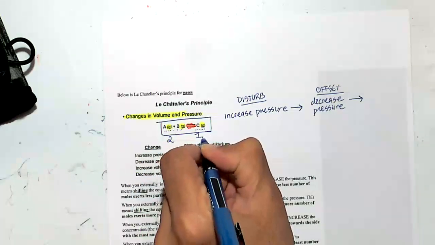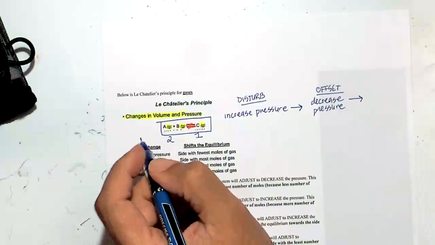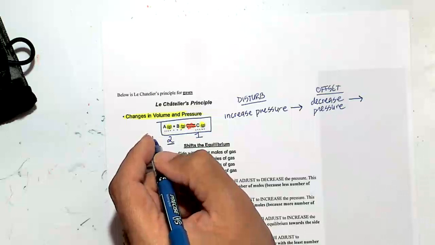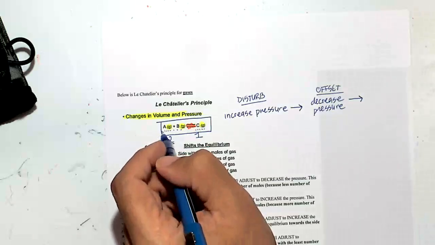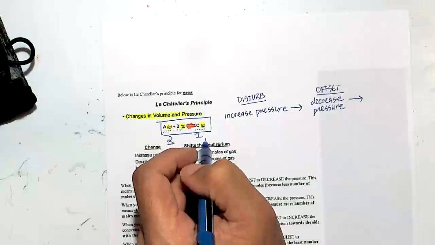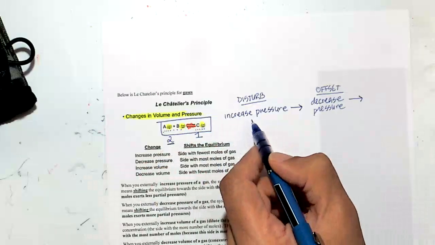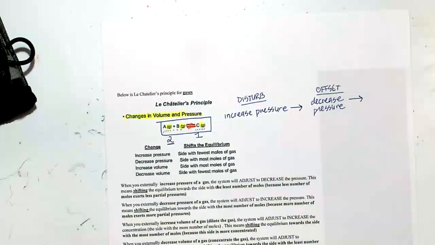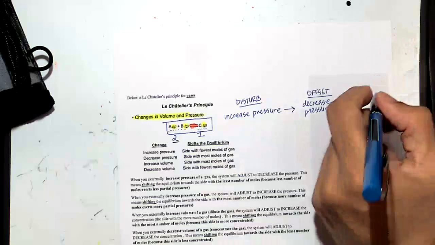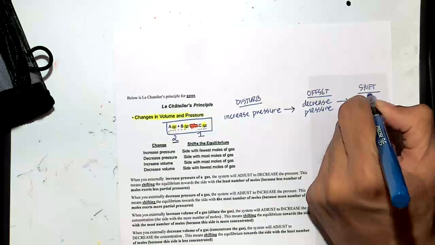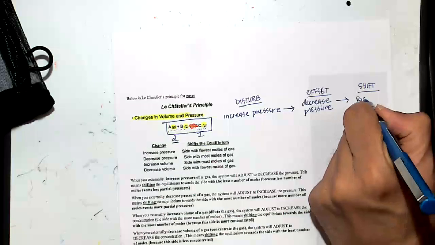How many moles in the product side? 1. The reactant side has more pressure: 2 moles, A and B, 1 plus 1 is 2, versus 1 mole in C. So you increase the pressure, it will go to the side with decreased pressure. This is going to shift to the right.